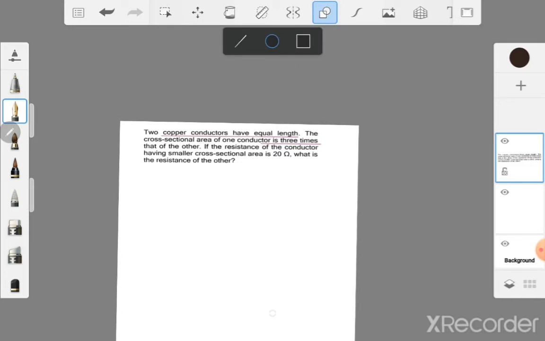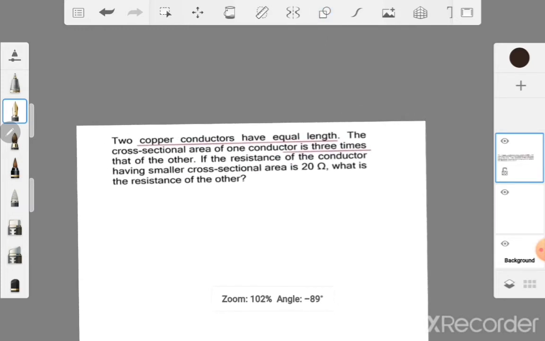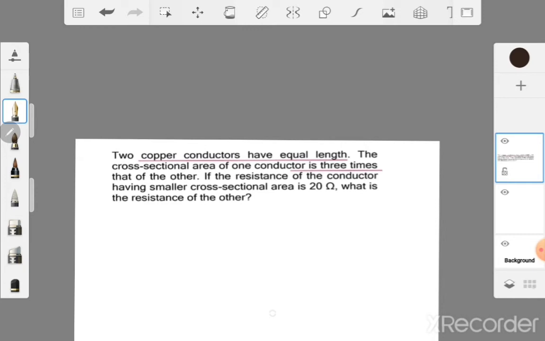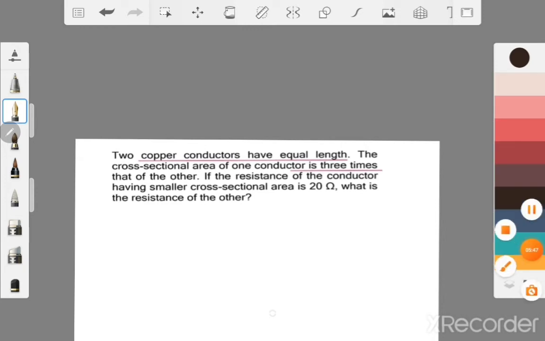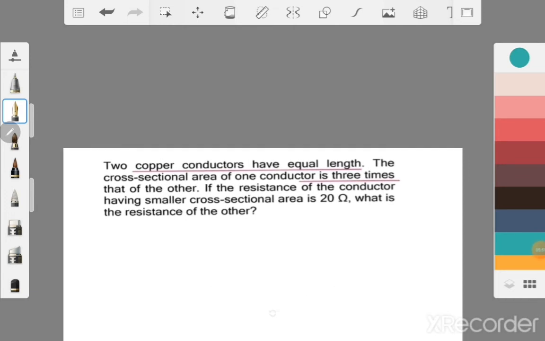So we will make the relationships. Okay, two copper conductors have equal length.